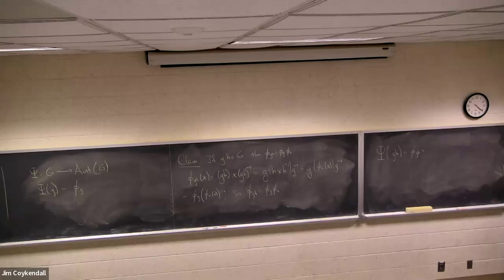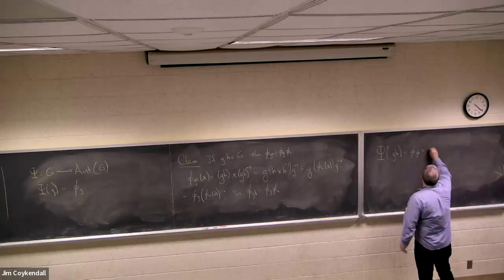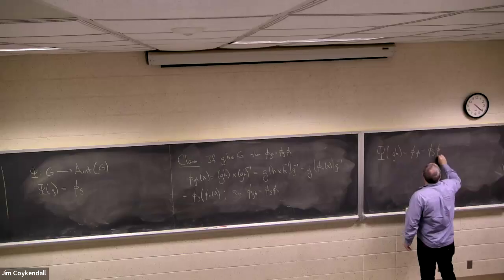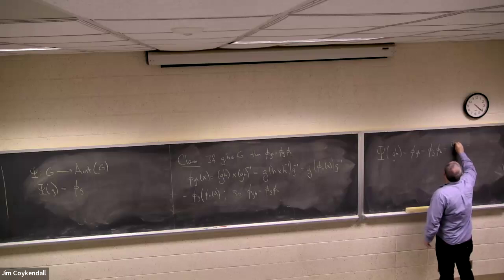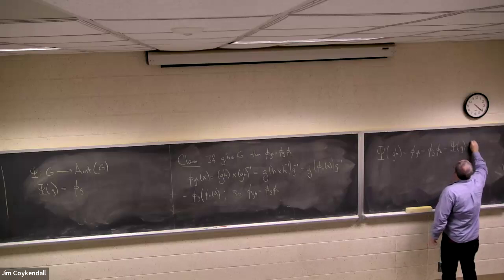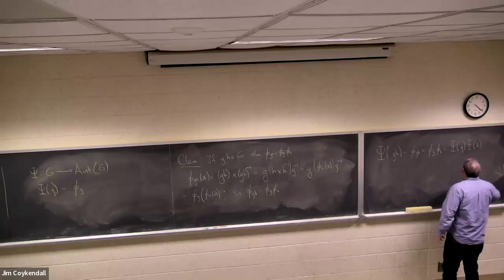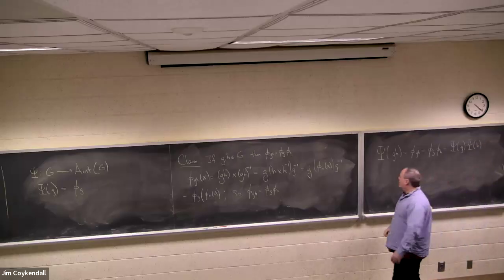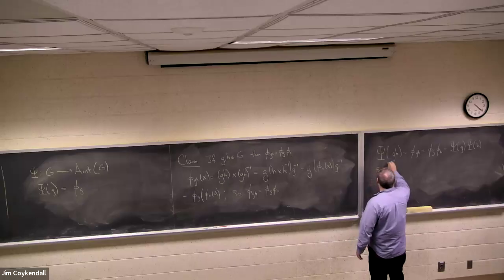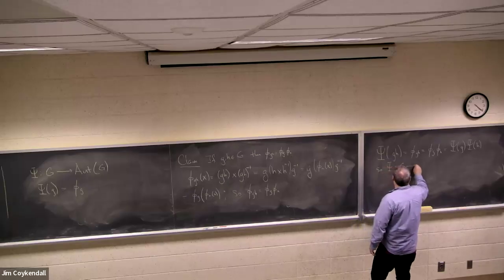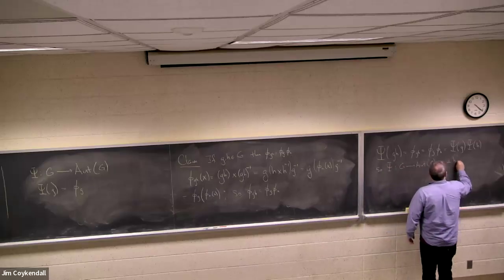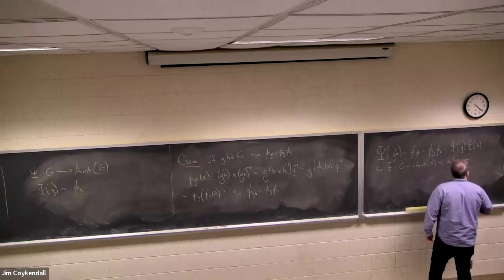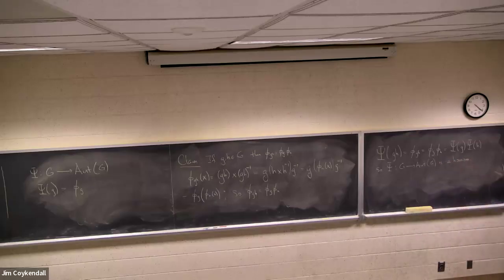That that's the same thing as phi g phi h, which is pitchfork g, pitchfork h. That's all we need. So capital pitchfork from G to Aut(G) is a homomorphism. Everybody okay with that?